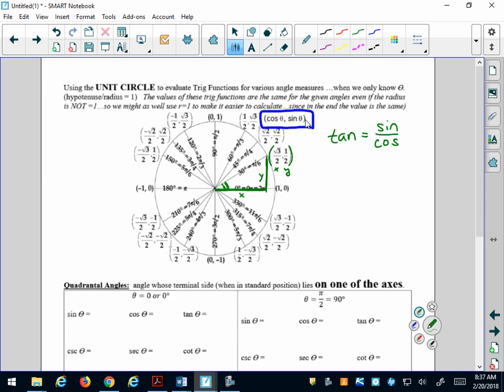Otherwise you might always be thinking about opposite over hypotenuse or quick-tricks or ticks or whatever. To me this is just an easier way to think about it, and maybe that's how you always thought about it, I don't know.